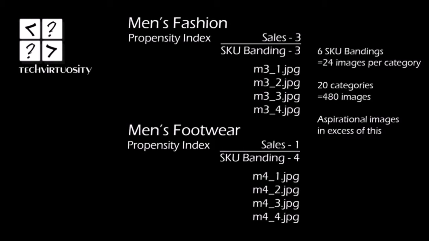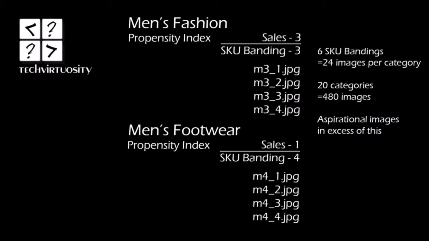Now, in total, we've got 6 possible SKU bandings, which equals 24 images per category. And by category, I'm talking men's fashion, men's footwear, men's sportswear, men's accessories, women's fashions, women's footwear, right through to children's clothes, girls, boys and juniors. So there is a total of 24 images per category.